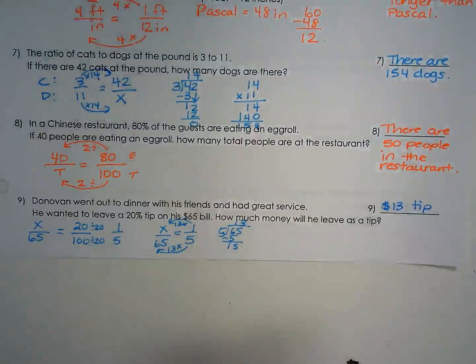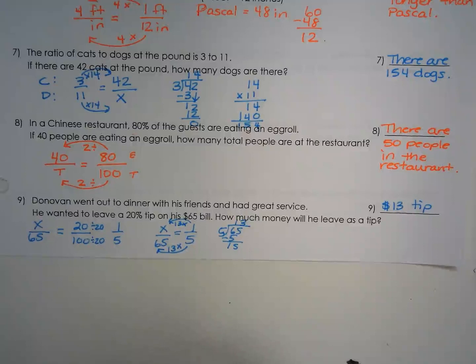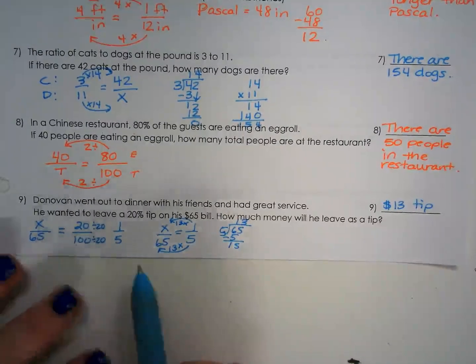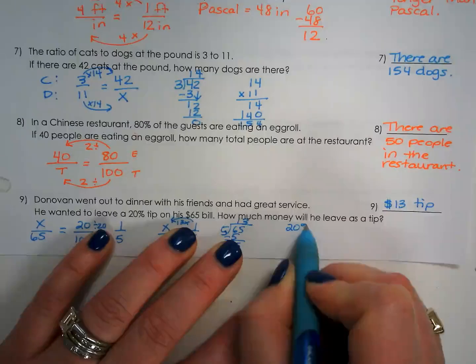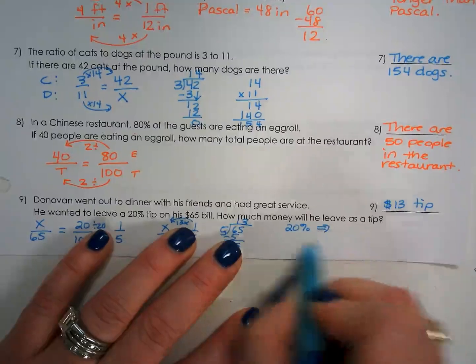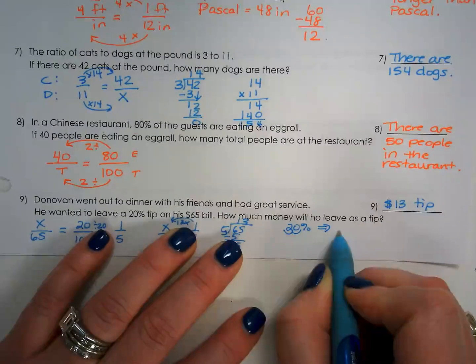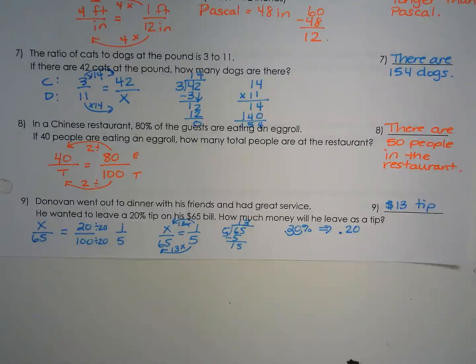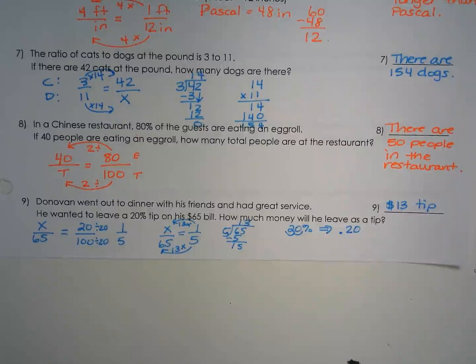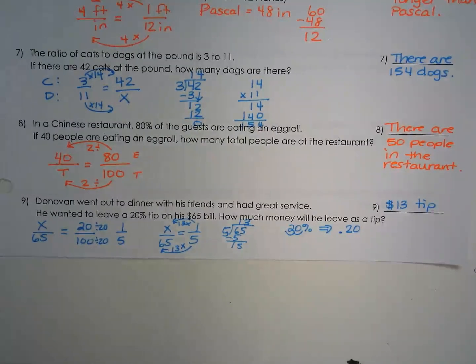Okay? Now, if you didn't want to do it that way, we can also use decimals. We talked about how we could change 20% into a decimal by moving the decimal 2 places. So this is the same thing as this. Now, it's asking what 20% of 65 is. Of in math means multiply.